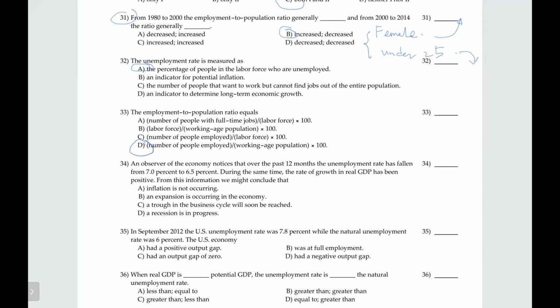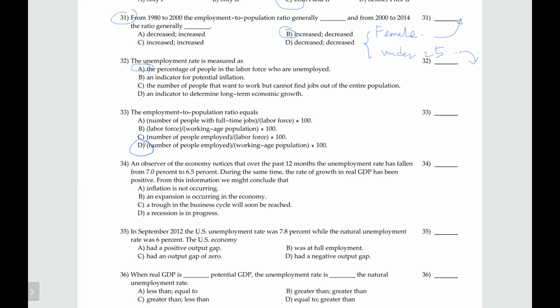All right, now we look at 34. Observers of the economy noticed that over the past 12 months, the unemployment rate has fallen from 7% to 6.5%. During the same time, the rate of growth in real GDP has been positive.